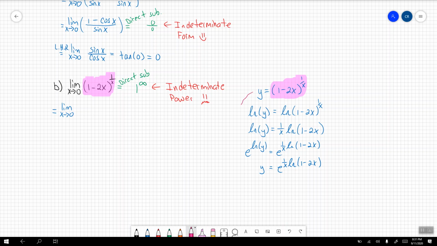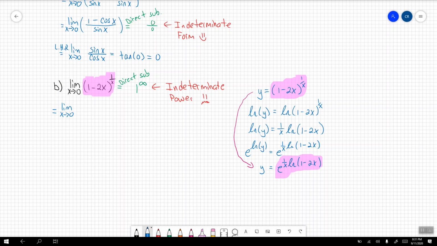But then we manipulated this using logarithms and exponentials to arrive at that same function being equal to e to the power of 1 over x multiplied by the natural log of 1 minus 2x.